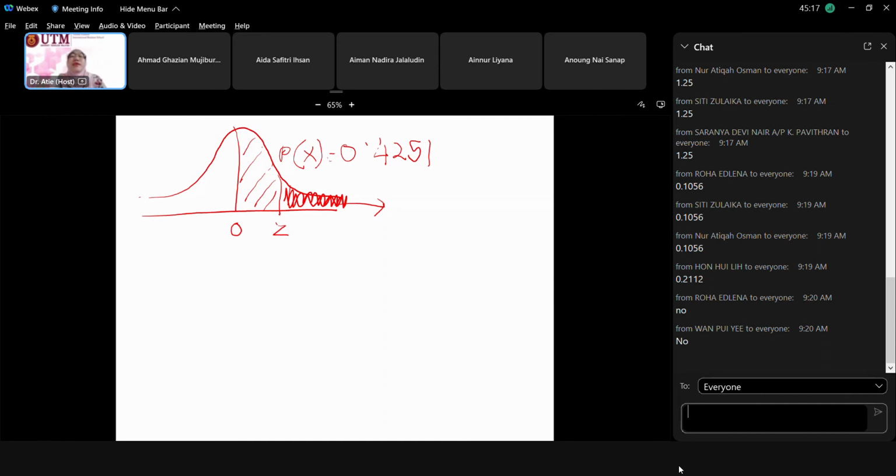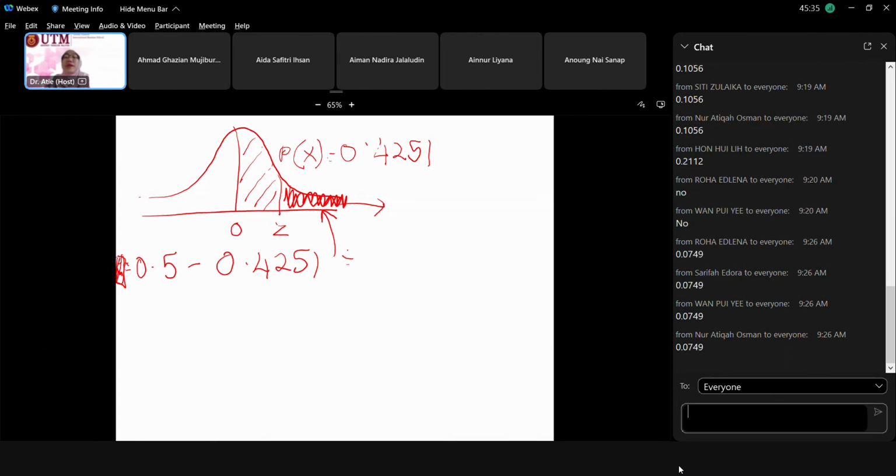So can somebody get me the answer? We need 0.5 minus 0.4251. This is actually this area right here. Can somebody get me the answer? 0.0749. So this area is actually 0.0749.